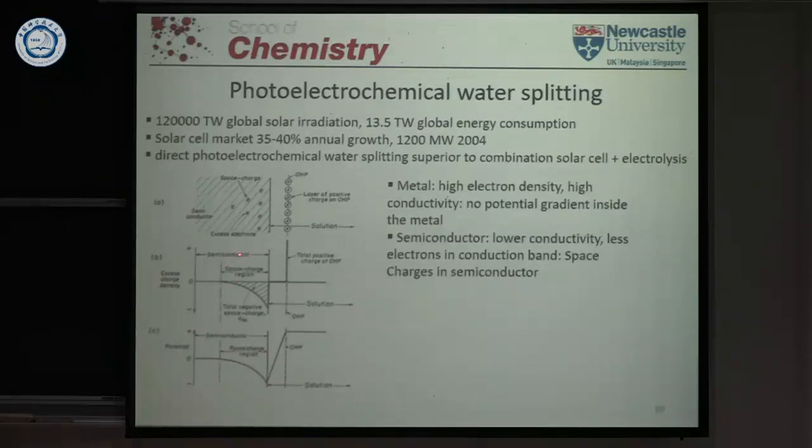And then the holes can react, for instance, for an N-type semiconductor with water, oxidize the water molecule, and then at the opposite electrode you reduce the water to hydrogen. So that is in principle an interesting possibility to directly produce hydrogen from solar energy.